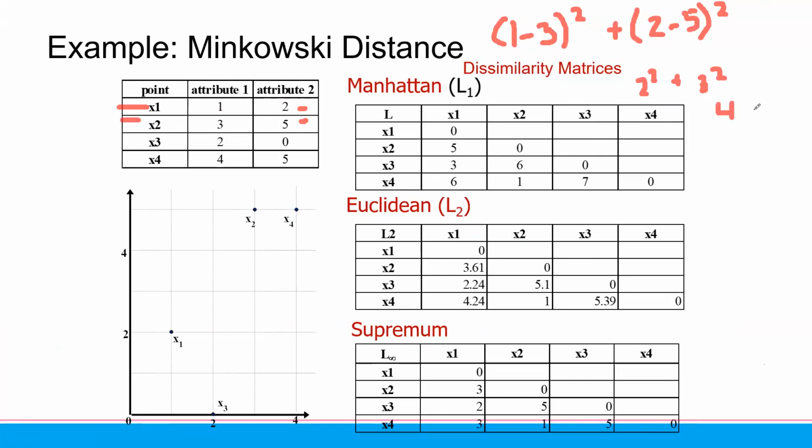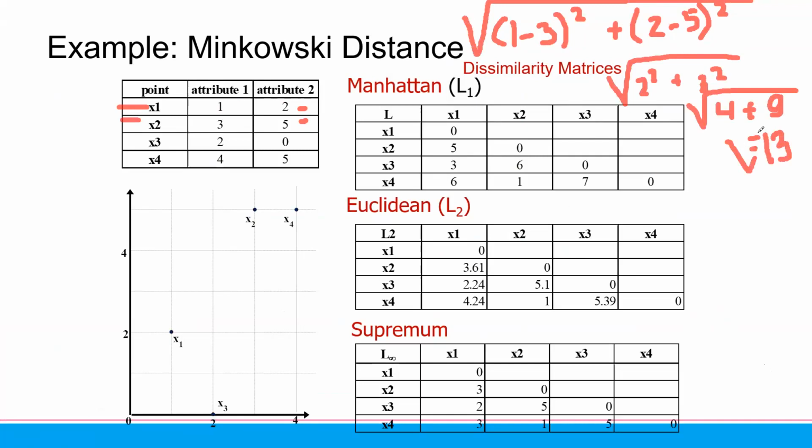So 4 plus 9, it will be 13. Based on the formula, we need to do the square root. So this is the square root of 4 plus 9, which is the square root of 13. If you look at your calculator, then you will get 3.61, the square root of 13.